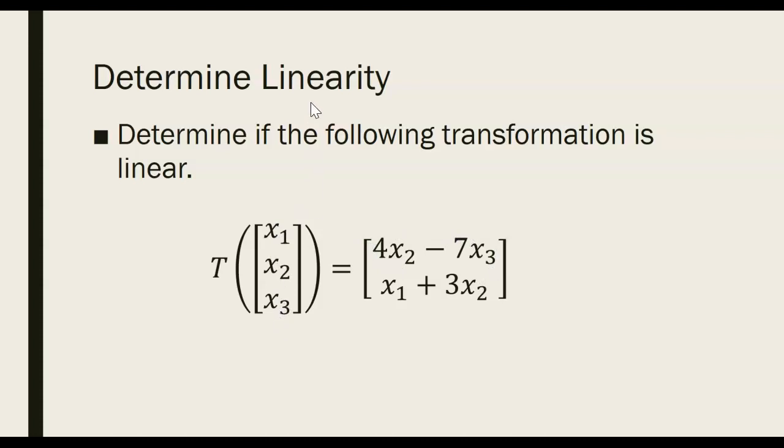So in order to be linear, the entries in the output vector are going to be linear combinations of the entries in the input vector.